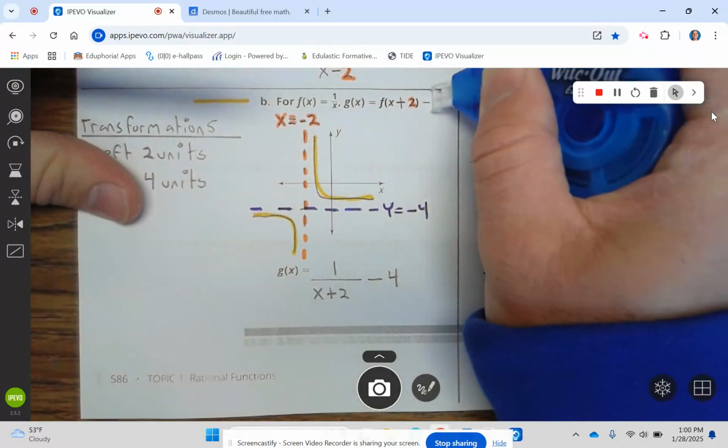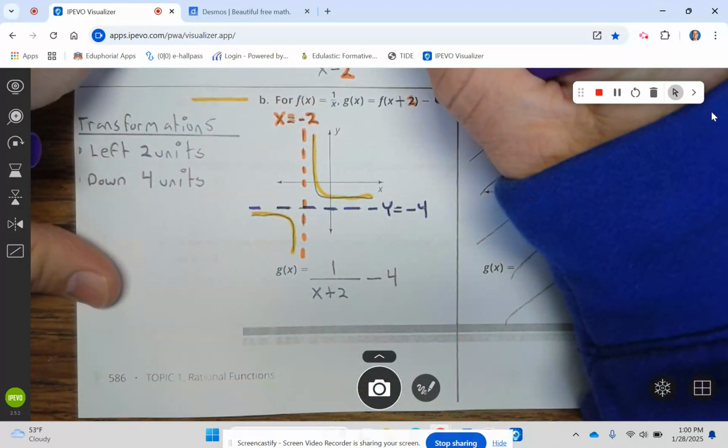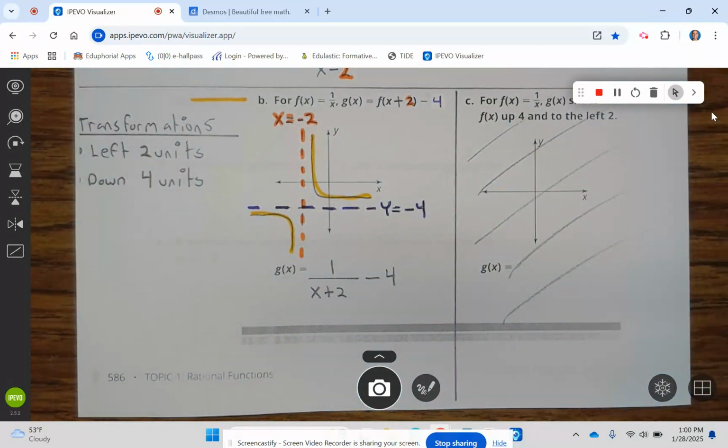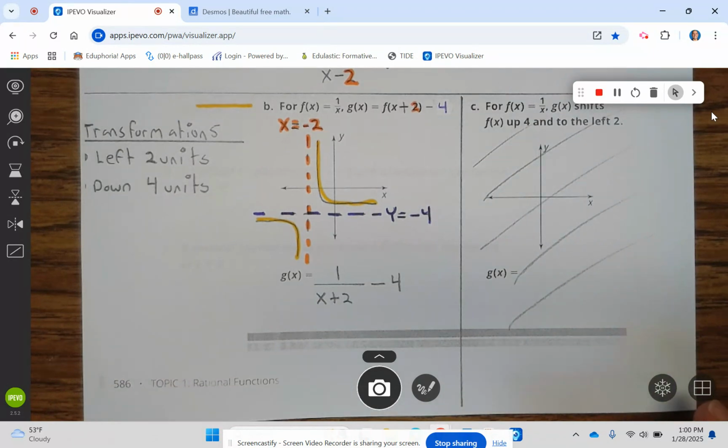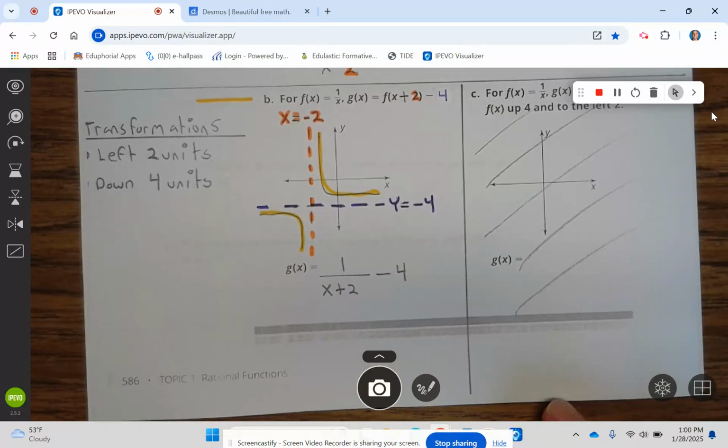So, rewrite that. Okay. The transformations are left 2 units and down 4 units. Go ahead and finish up B, mark out C, and let's take a look at the next page.